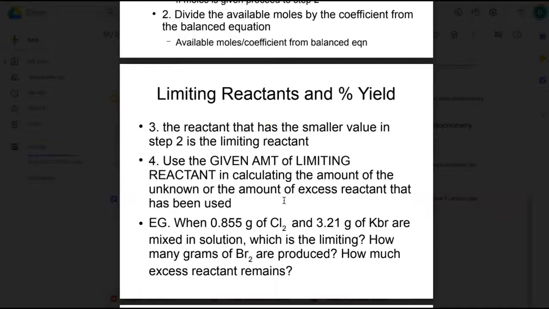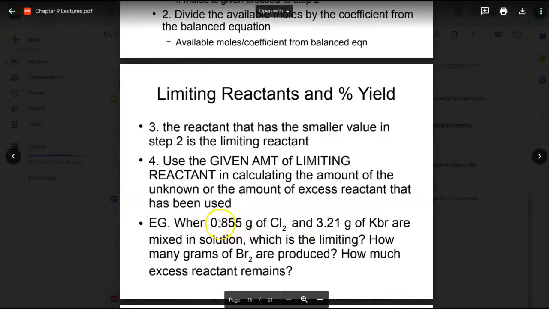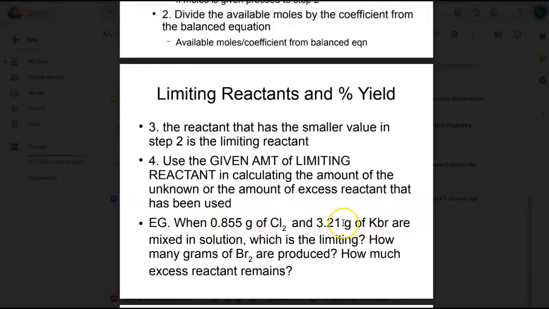So we have this example here. We have 0.855 grams of chlorine and 3.21 grams of potassium bromide. We know that this is going to be a limiting reactant problem because there are two values given for reactants.